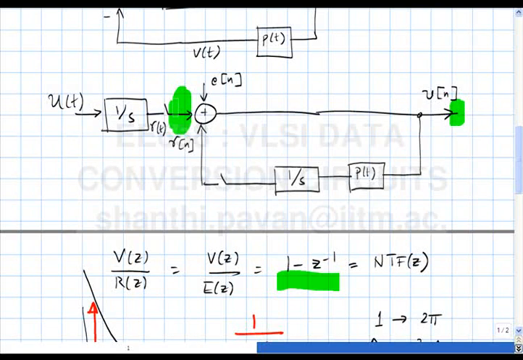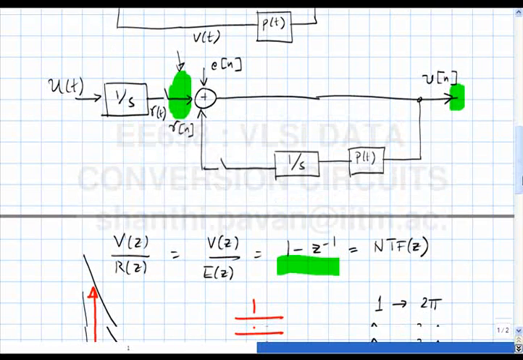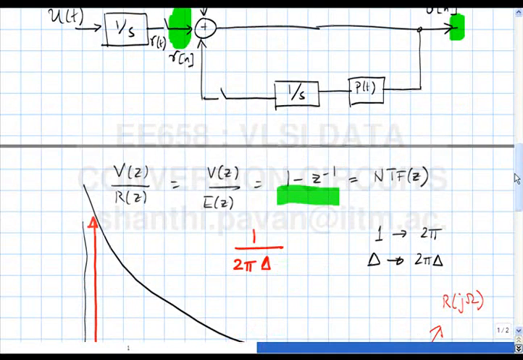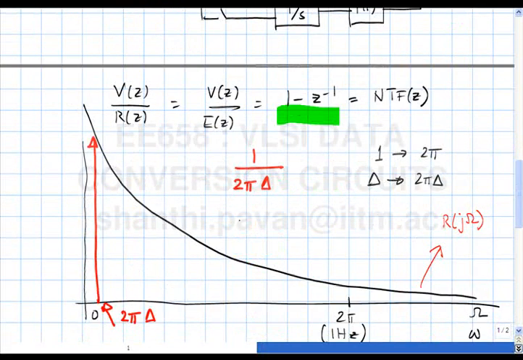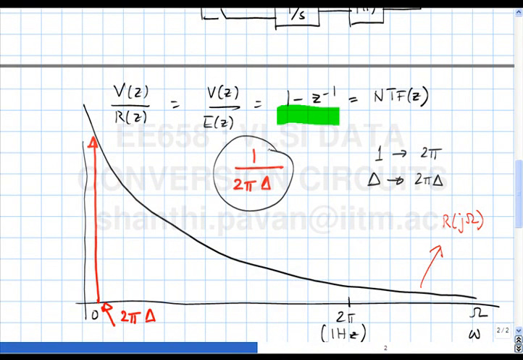We have concluded that at this point, the input sinusoid of frequency delta hertz looks like a discrete time sinusoid of radian frequency 2 pi delta, with an amplitude which is very large because delta is very small, and the amplitude is 1 by 2 pi delta. Does this make sense?